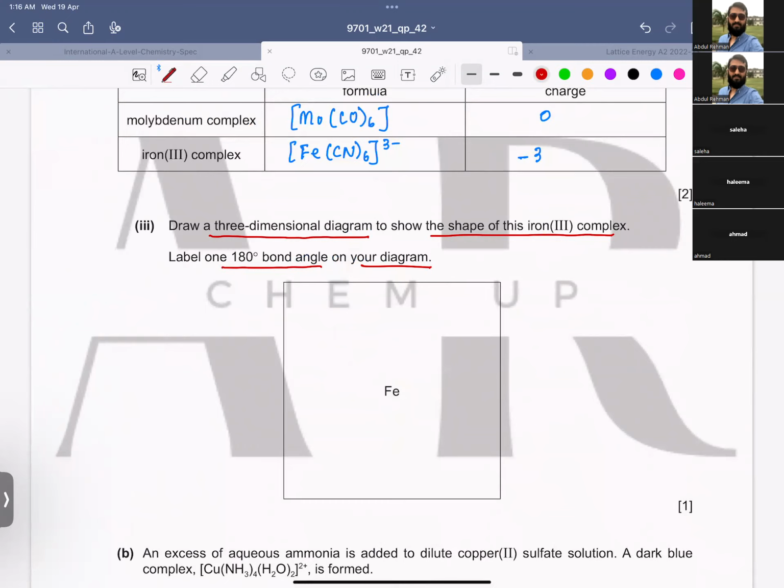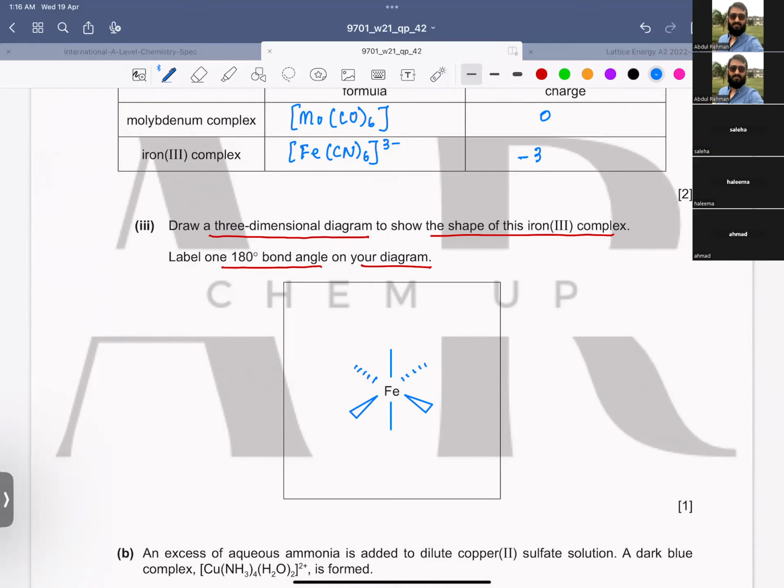We know when we have to draw the octahedral shape, we show 2 bonds exactly on the plane, 2 bonds coming out of the plane, and 2 bonds going back of the plane, right?